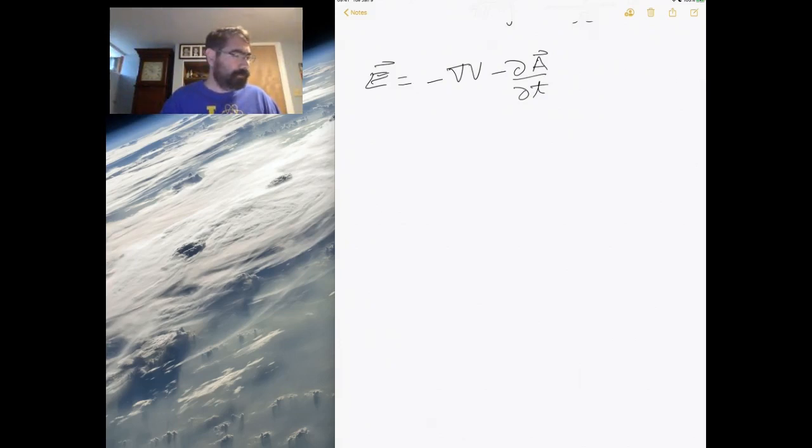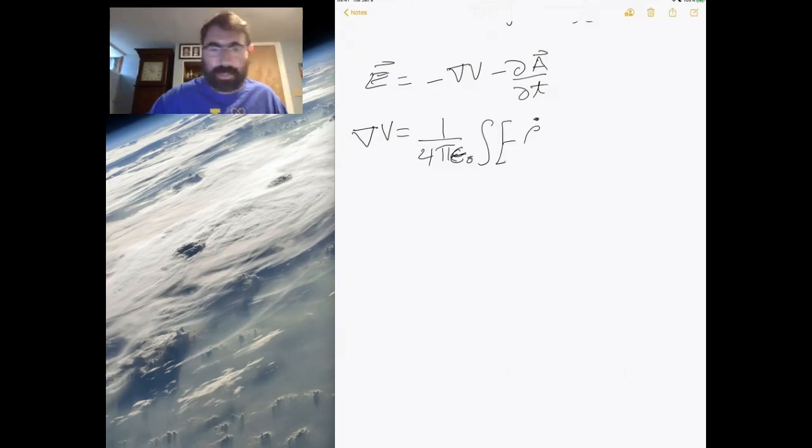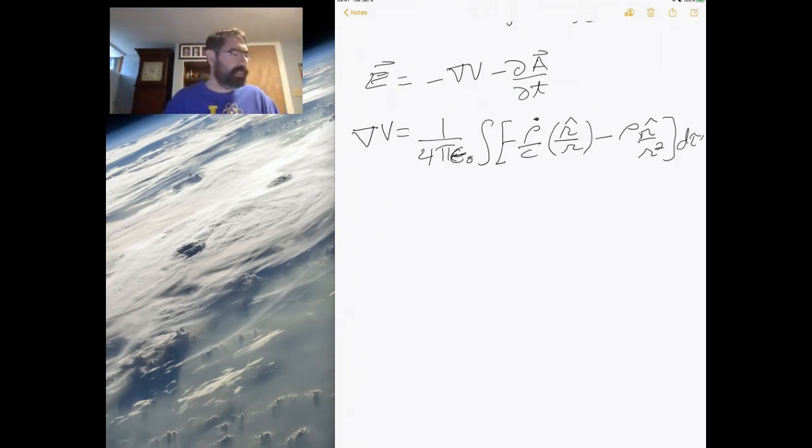First we take the gradient, which we've already seen before. And this was minus rho dot over c, r hat over r, minus rho r hat over r squared, integrating over the volume, like this.